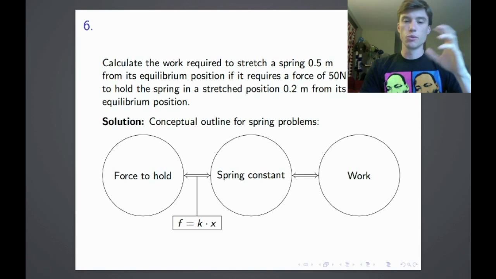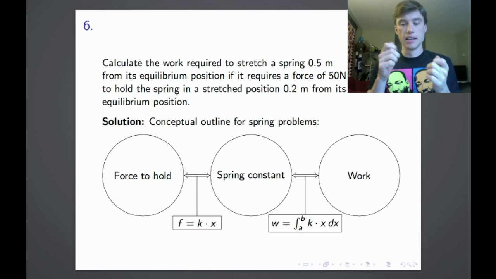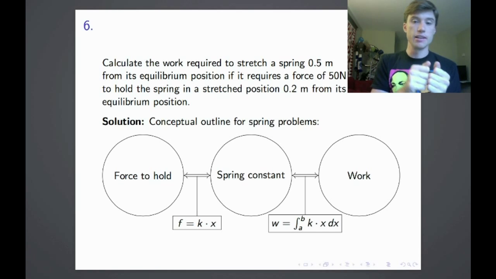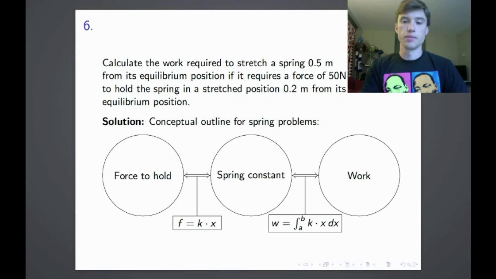Now recall that work is related to the spring constant by the relation that work is equal to the integral from A to B, where we're stretching from A to B, of K times X dx. So if we have any of these, we can move in between them and find the work, the force to hold, any quantity we're interested in.